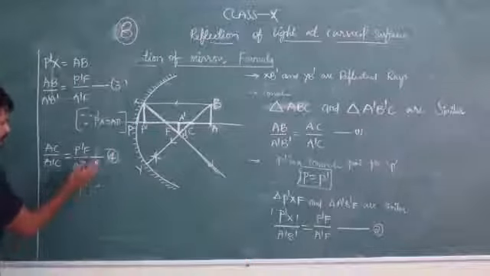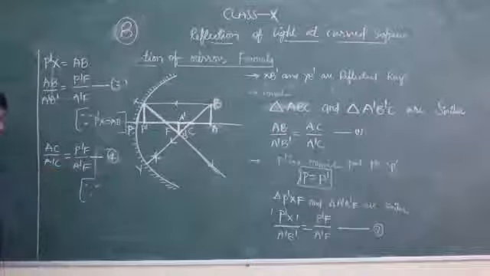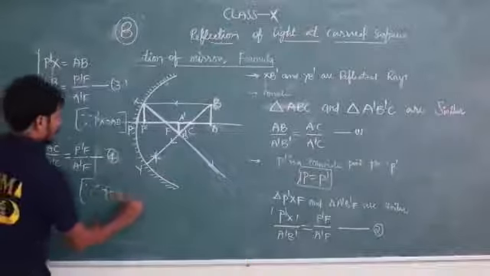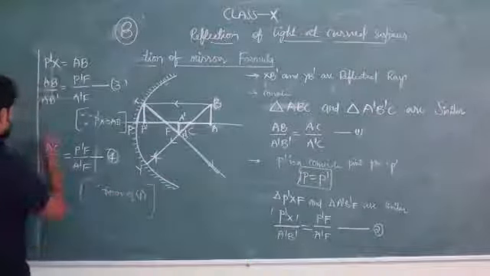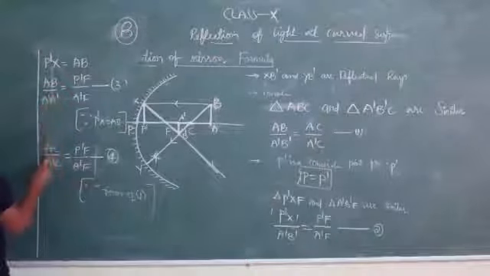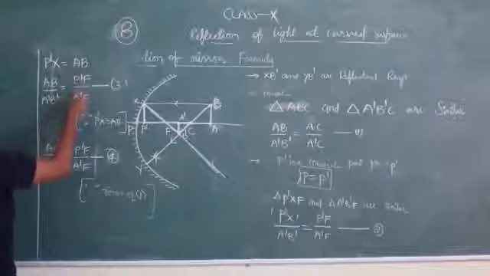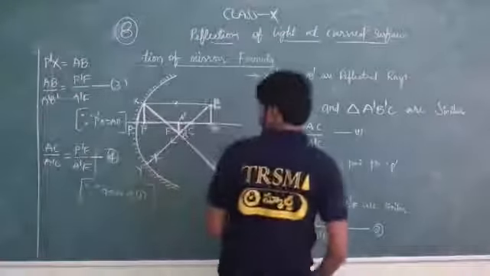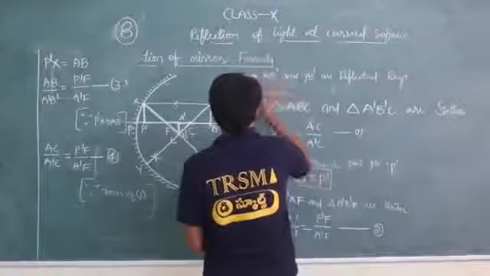Because from equation number 1, I changed AB by A dash B dash as AC by A dash C. That equals P dash F by A dash F from equation number 3. Now let's see what happens next.